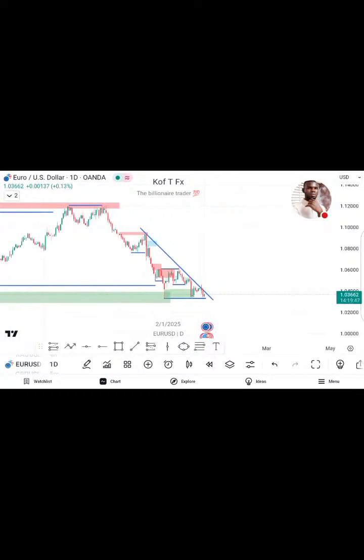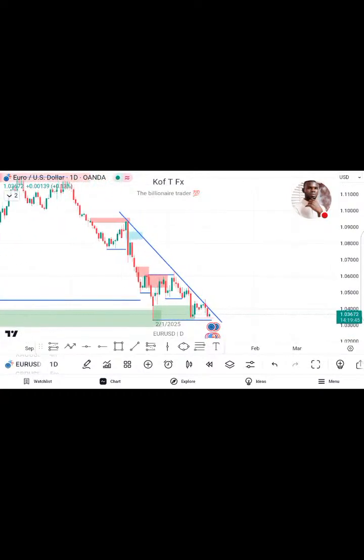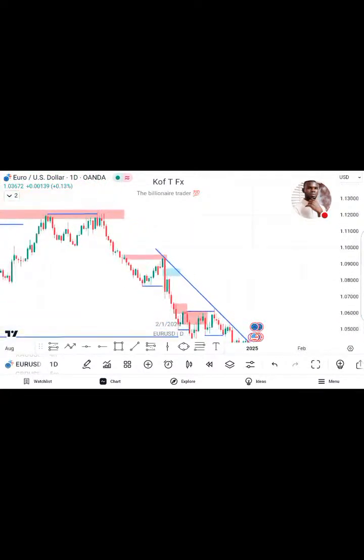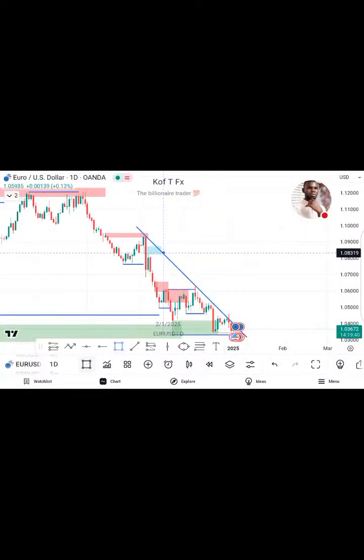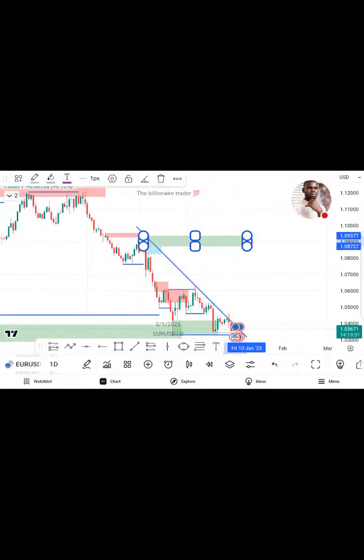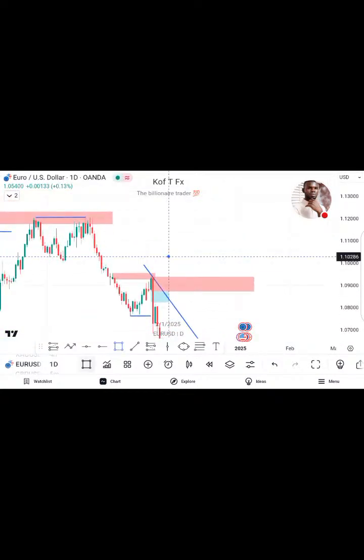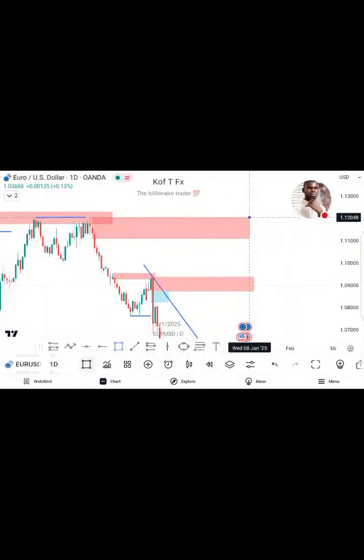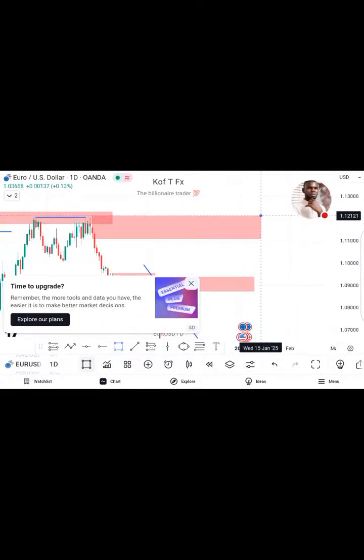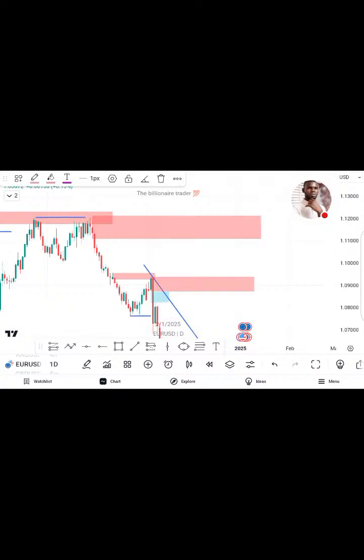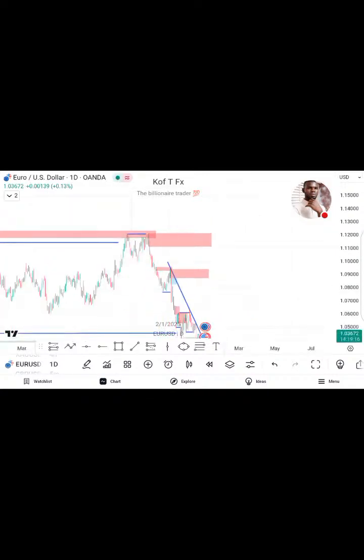Even though my target may be this last point, somewhere around here, those areas will be my target.